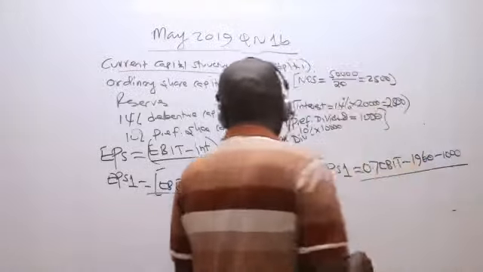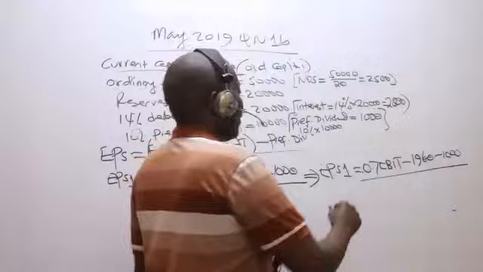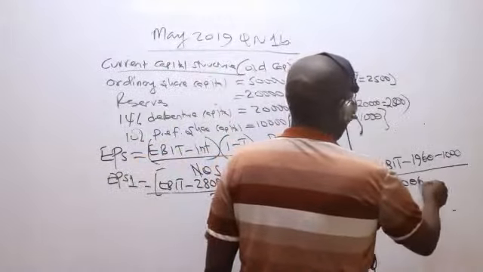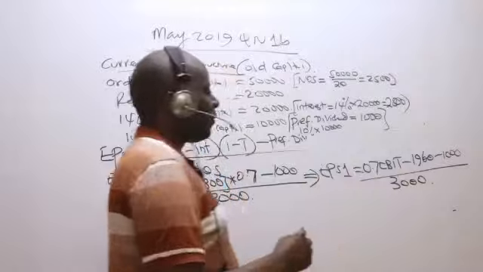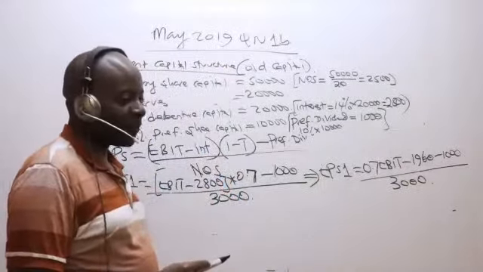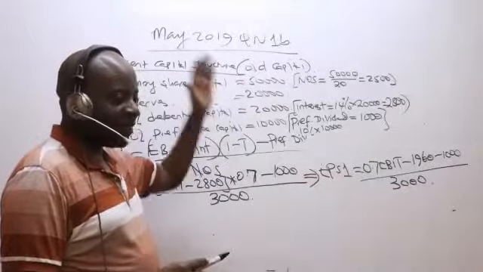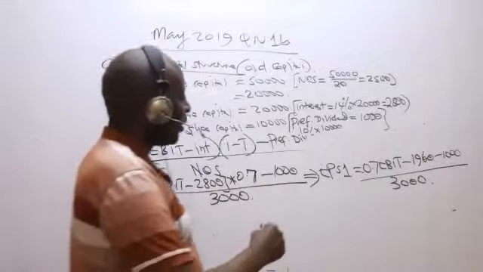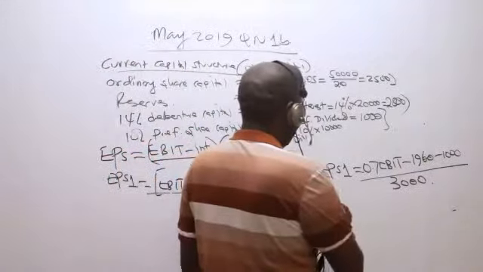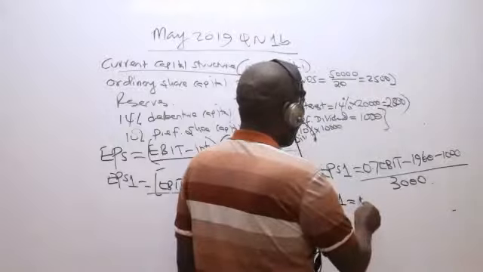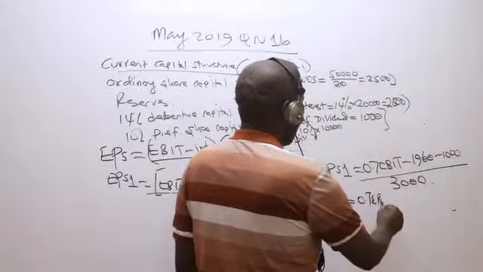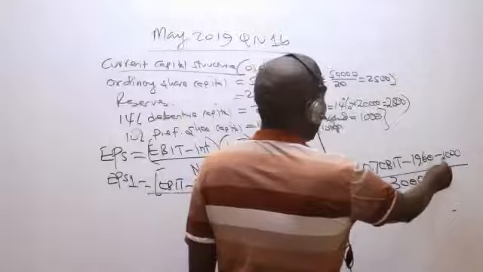Divide this by 3,000. So EPS1 will be equal to 0.7 EBIT minus this minus this.